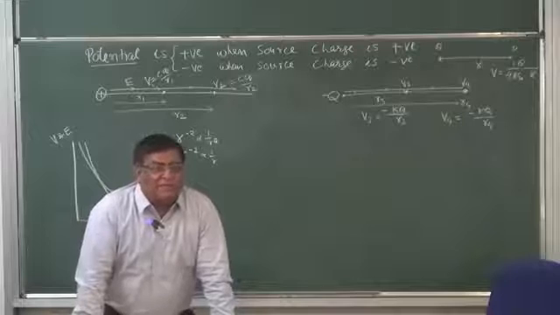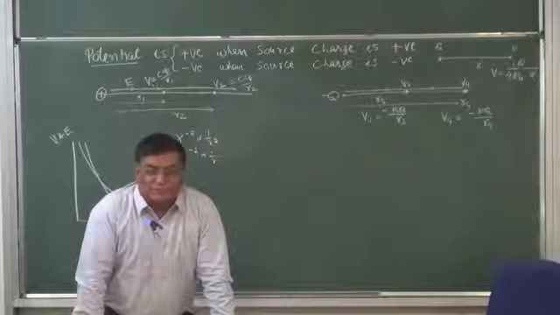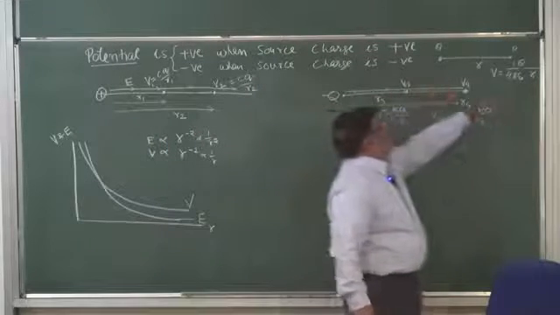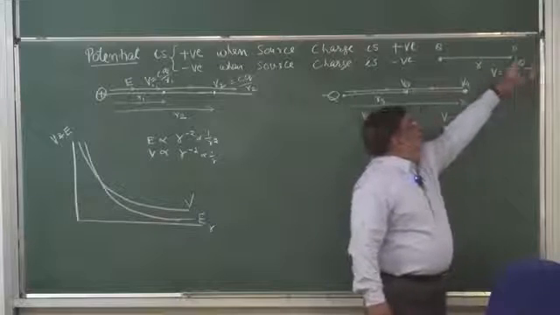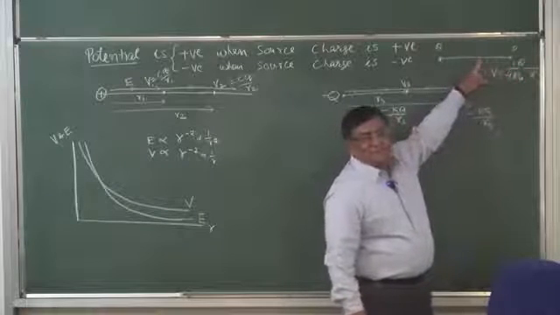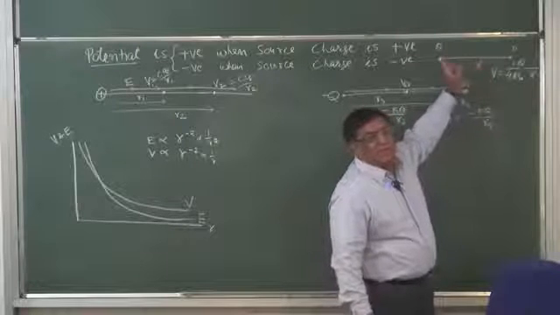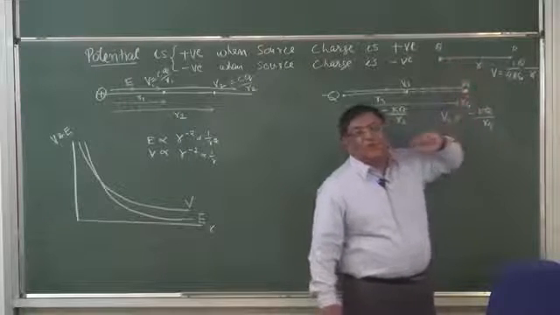How is work positive? How is potential positive? So we will find out where potential is positive. From infinity I am bringing the charge here. The type of work I do decides whether the potential is positive or negative.